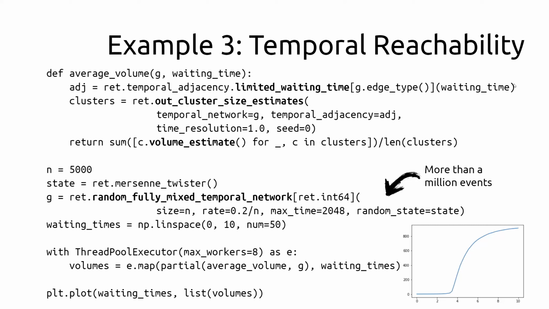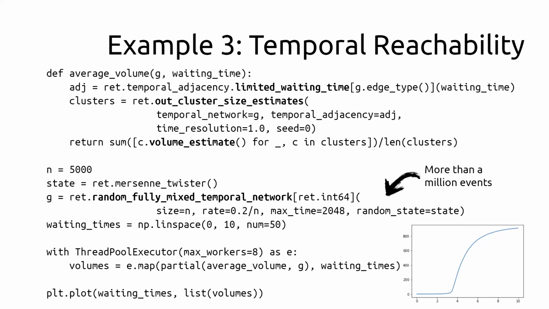So what is this waiting time reachability? You can have a simple spreading process which starts from a node at a specific time and takes all the possible events from there, growing like a tree in your network.